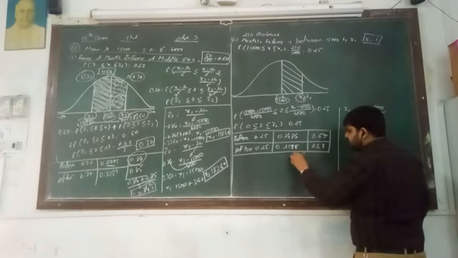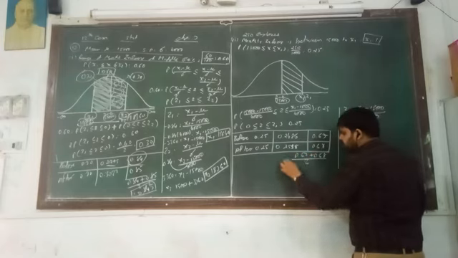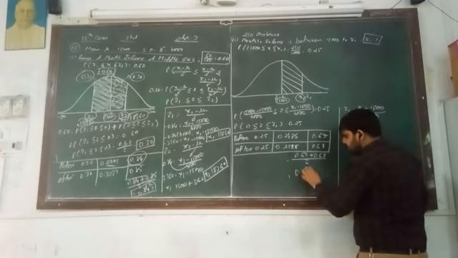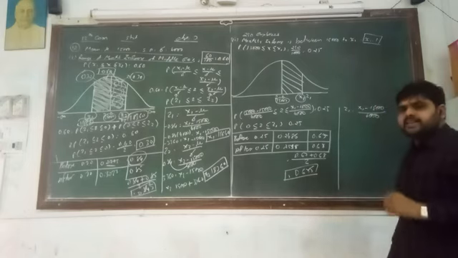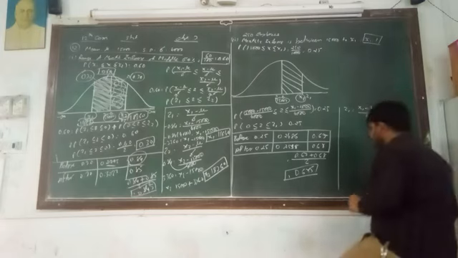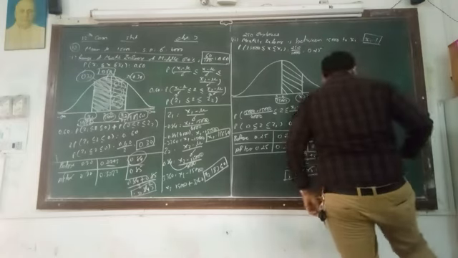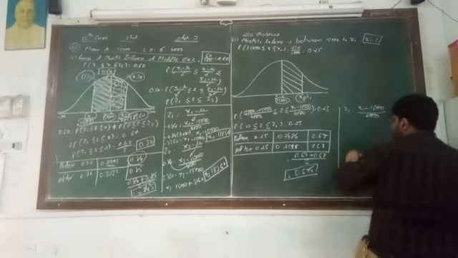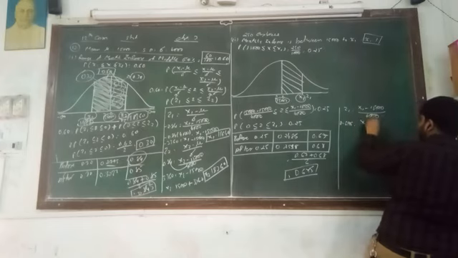So we have to take the common value: 0.67 plus 0.68 divided by 2, so here 0.675. So this is the value of z1. Now that z1 value we have to put in our particular example. So the value of z1, 0.675, is equal to x1 minus 15,000 divided by 4,000.